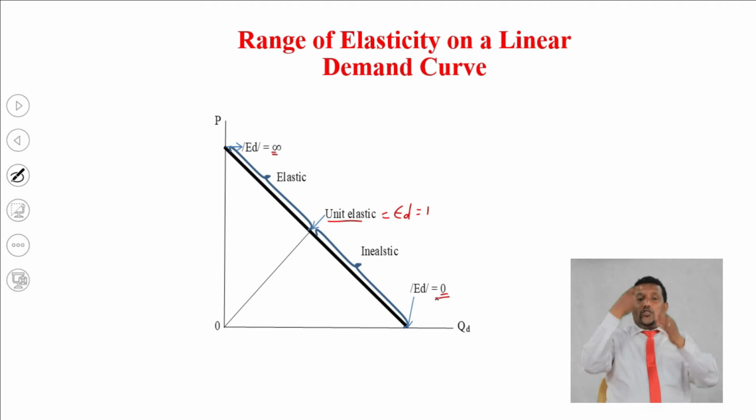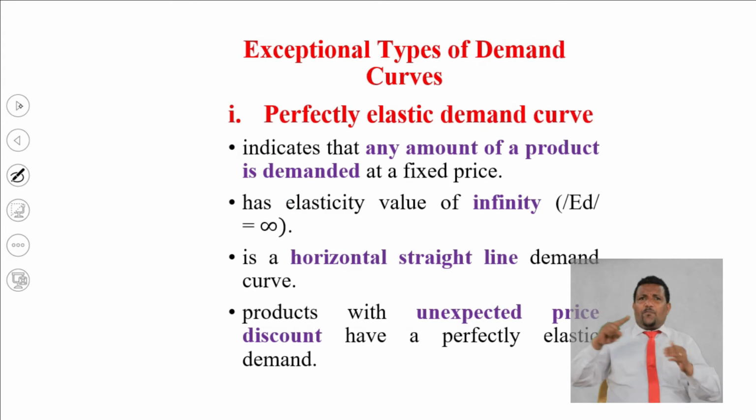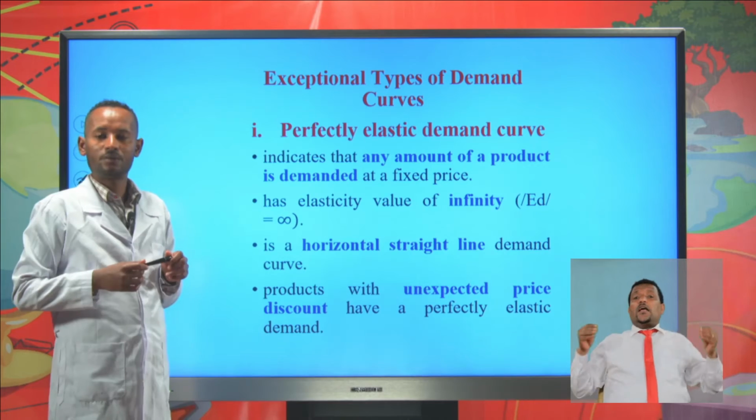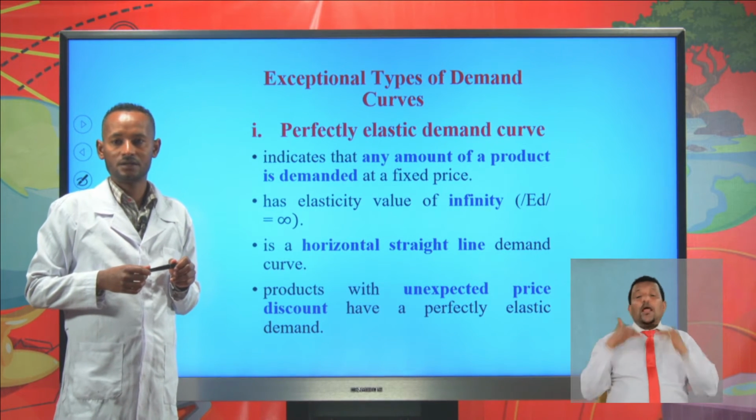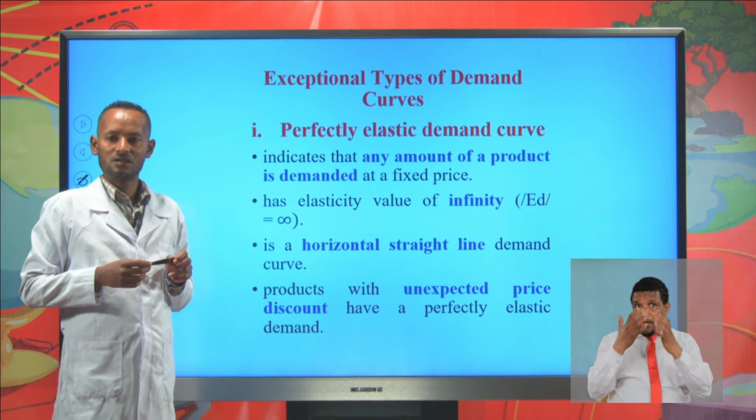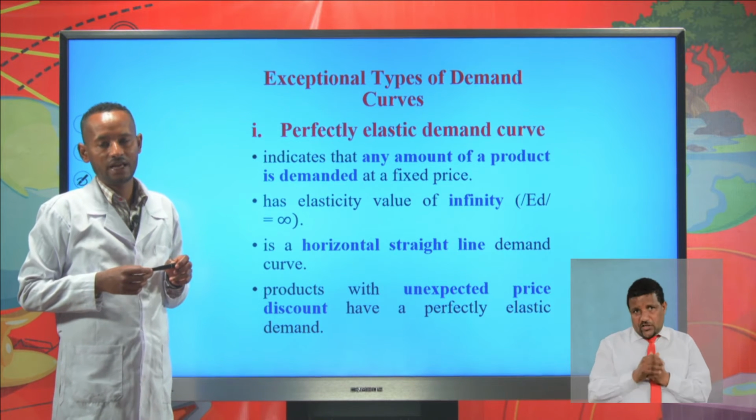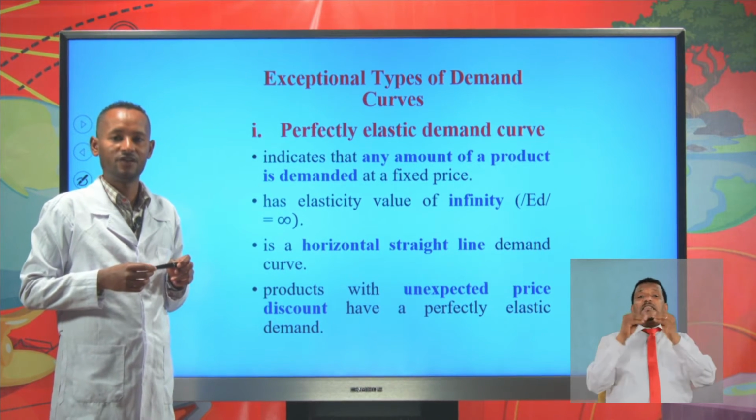From this, let's see the exceptional types of demand curves called perfectly elastic and perfectly inelastic demand curves. The perfectly elastic demand curve indicates that any amount of a product is demanded at a fixed price, and the price elasticity of demand value of a perfectly elastic demand curve is infinity.